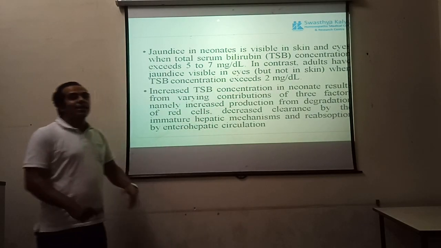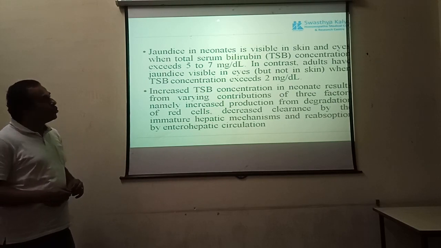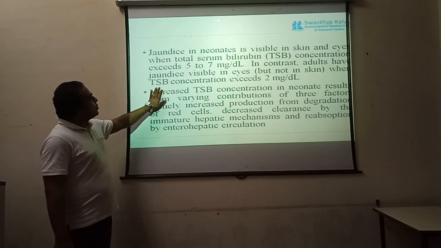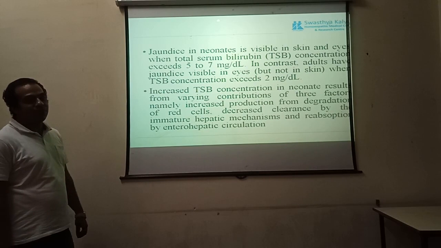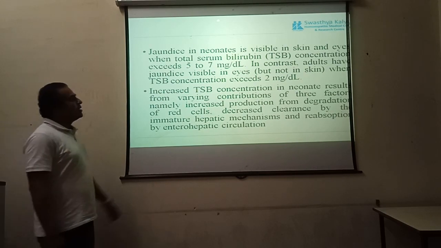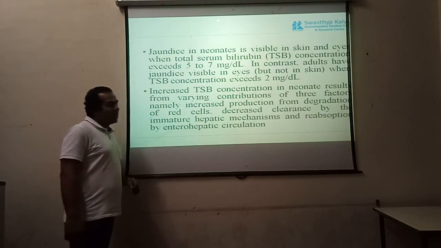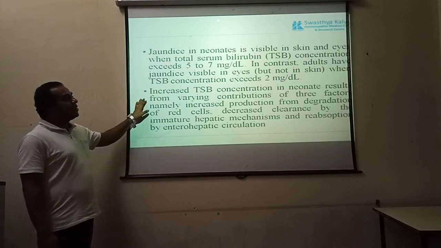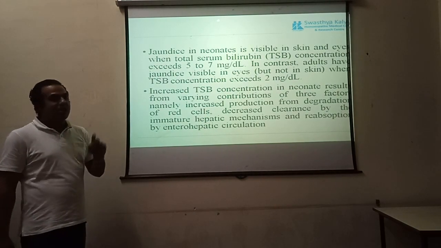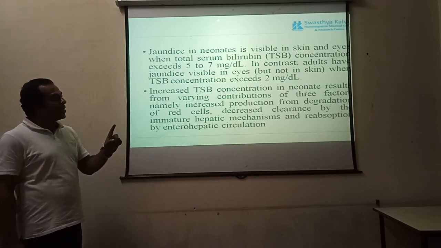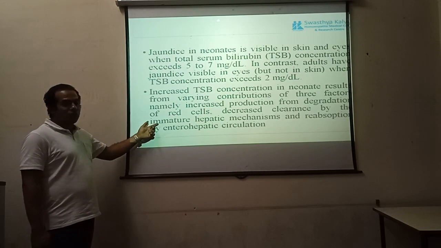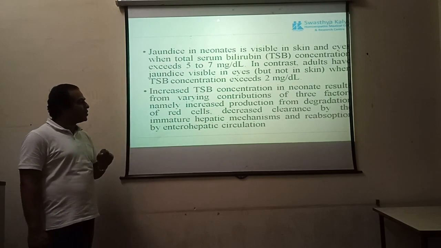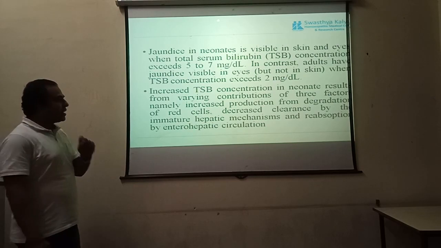And if you remember, in adults the benchmark was around 2. In contrast, adults have jaundice visible in the eye when the total serum bilirubin concentration exceeds 2 milligrams per deciliter of blood. Increased total serum bilirubin concentration in neonates results from varying contribution of three factors, namely increased production from degradation of RBCs, decreased clearance by the immature hepatic mechanism, and reabsorption by enterohepatic circulation.